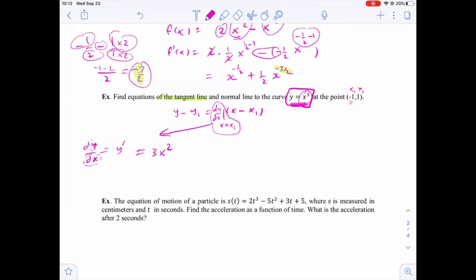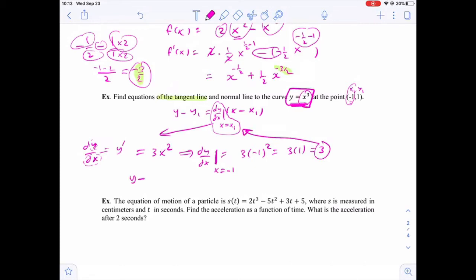So this is the derivative, but we want to find the derivative dy over dx at x equals x1. What is x1? x1 is negative 1. When we substitute negative 1 here, we get 3 times negative 1 squared, which is 3 times 1, because negative 1 squared is positive 1. So the slope is 3.